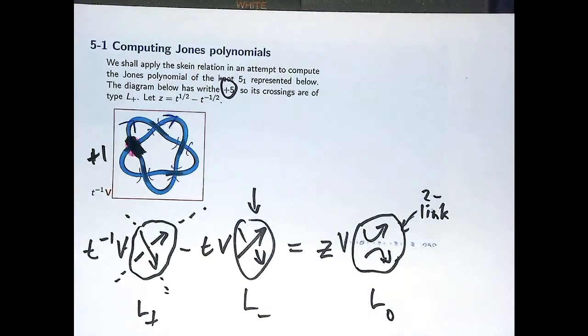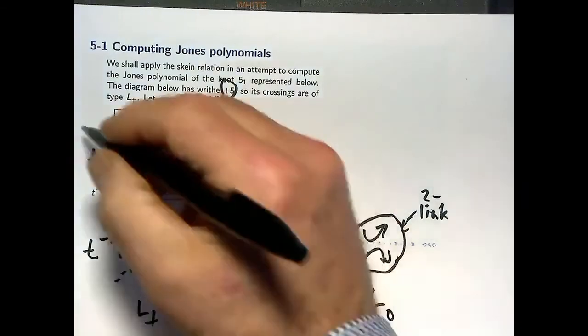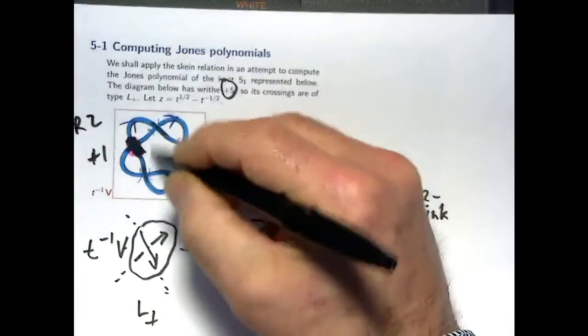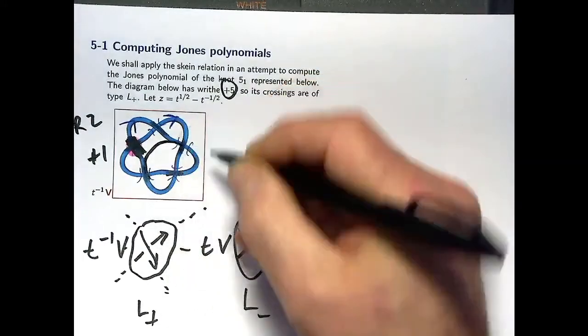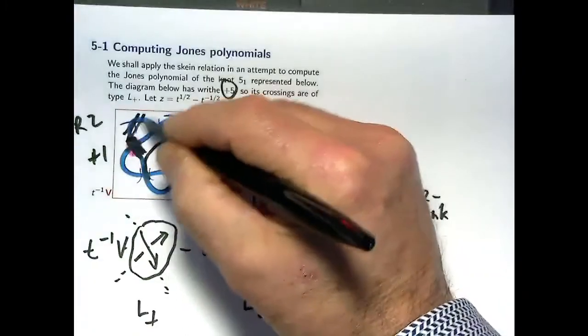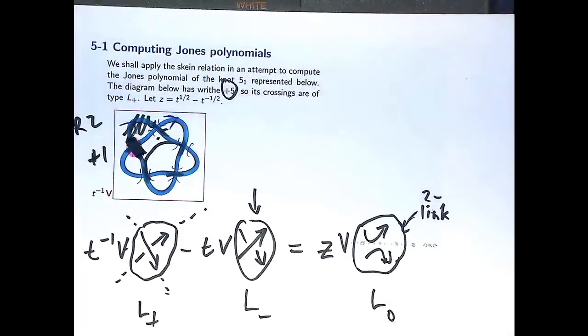And now I've got two overpasses, and I can just pull that loop down, because remember the Jones polynomial only depends upon the topological class of the knot. It only depends on the ambient isotopic class of the knot. Or, an equivalent way of saying that is you can do any Reidemeister moves and you don't change the Jones polynomial. So we could do Reidemeister move R2 and get rid of this loop and just pull it away from the top strand. But it's obvious you can do that if you think of the knot in space.